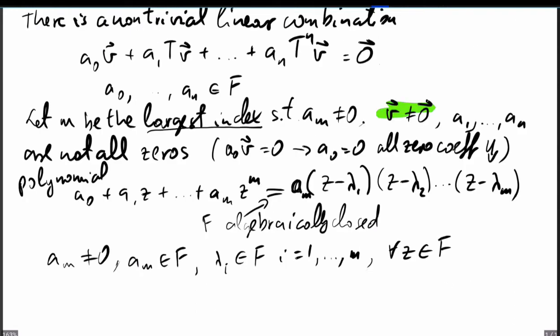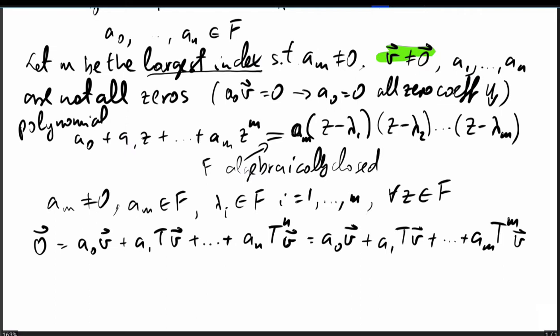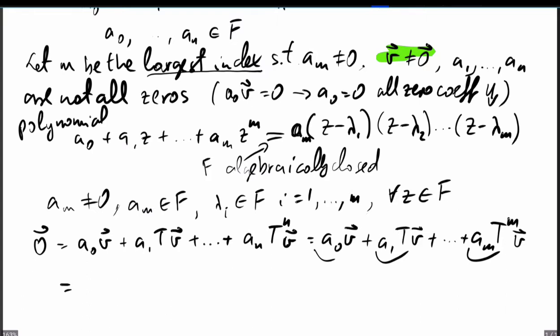So this means that this initial linear combination that we wrote as a0 v plus a1 Tv plus up to an T^n v, stopping at the coefficient that's not zero, it's enough to write the first m of these, because the rest of the coefficients are zeros. Also note that since these are all linear operations, we can actually factor out v at the end and write a0 I plus a1 T plus up to am T to the m, together multiplying the v vector.